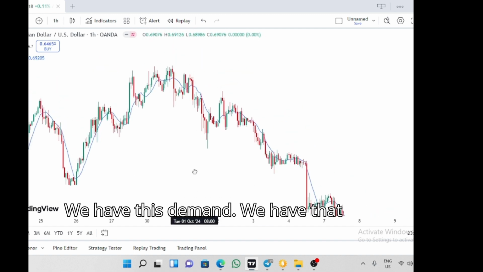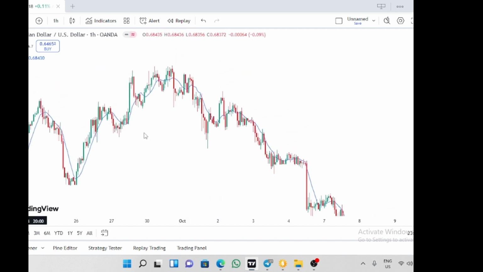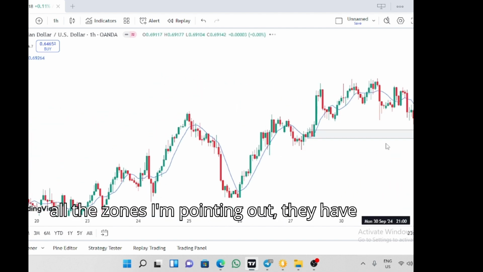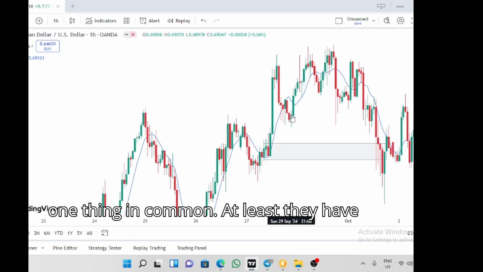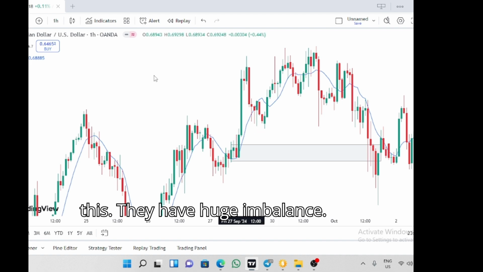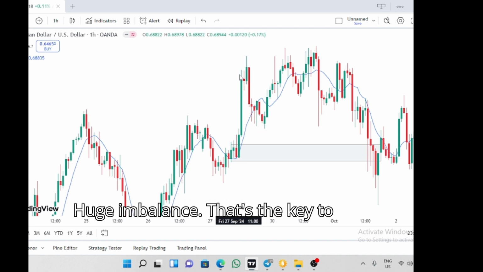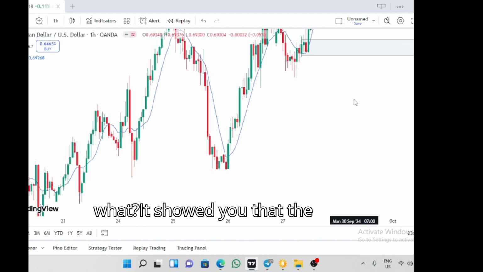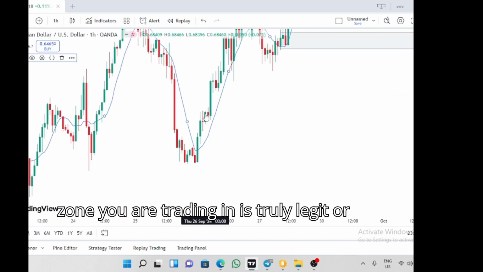We have this demand, we have that demand, and as you can see, all the zones I'm pointing out have one thing in common. They have huge imbalances. That's the key to show you that the zone you are trading in is truly legit or not.